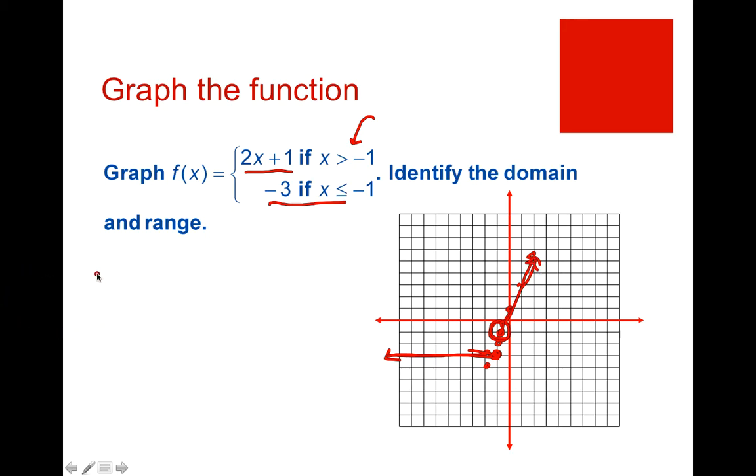If I ask you, what's the domain of this function? What x values can you have? And notice these are all greater than -1, and I have the values over here that are less than or equal to -1. That would include every single x value possible. The range values are such that you don't have them all.